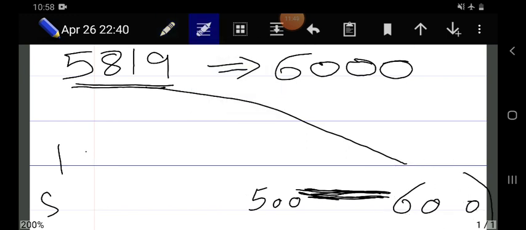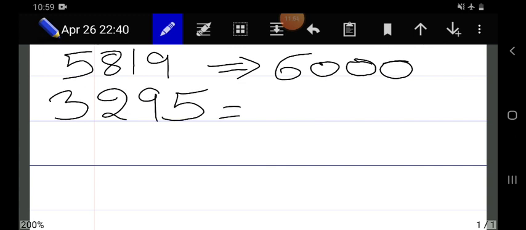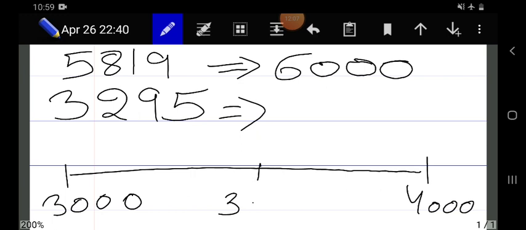Now the next number was 3,295. We have to estimate this one also to the nearest thousand. 3,295 lies between 3,000 and 4,000. The midpoint is 3,500.